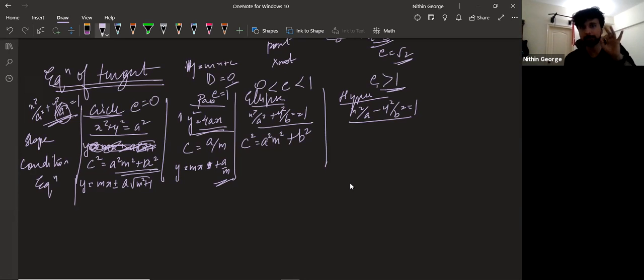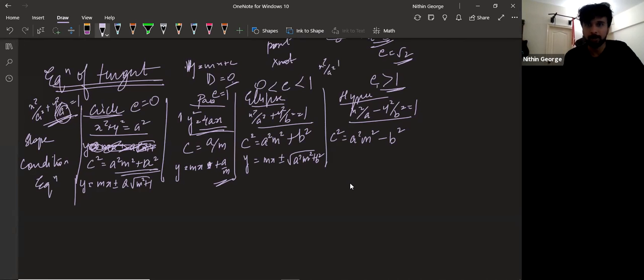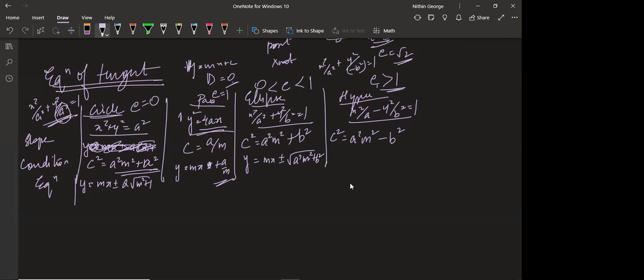c square equal to a square m square plus b square. So the equation of the tangent becomes y equal to mx plus or minus root a square m square plus b square. Can you tell me the condition for tangency for hyperbola? a square m square minus b square. So hyperbola can be written like this, right? x square by a square plus y square by minus b square equal to 1.